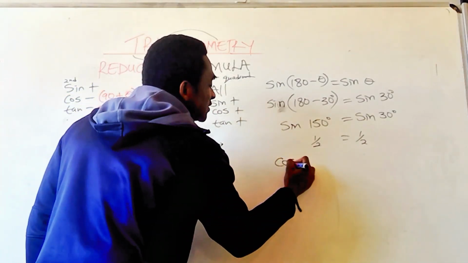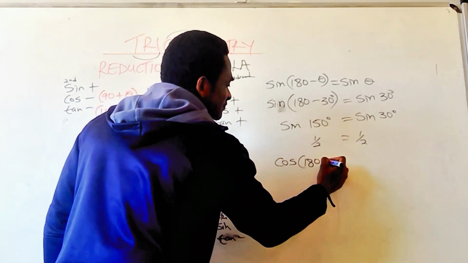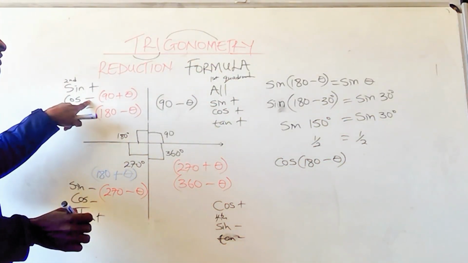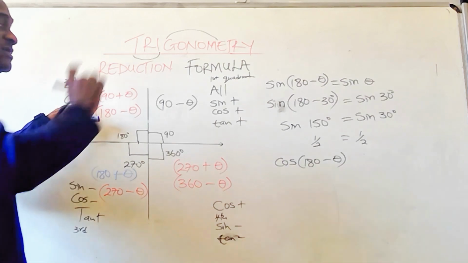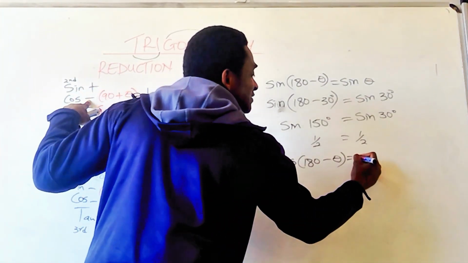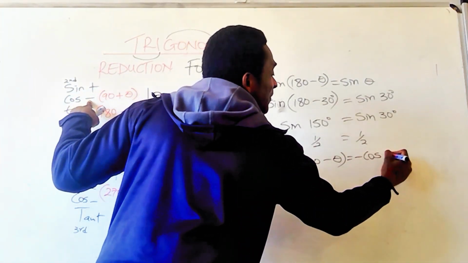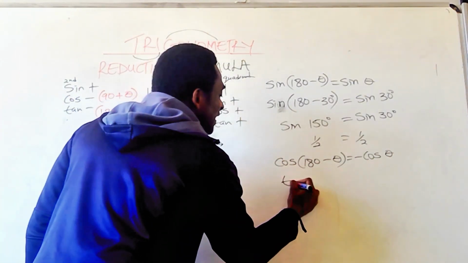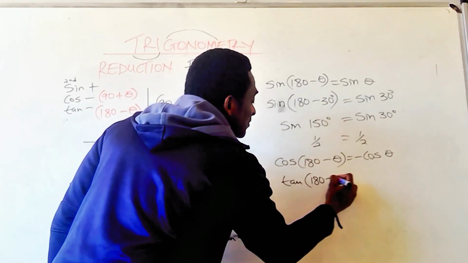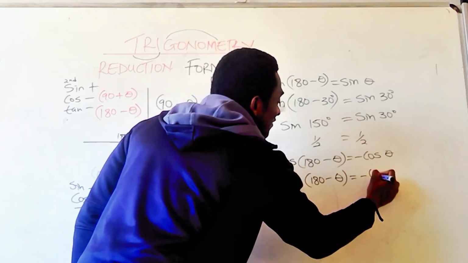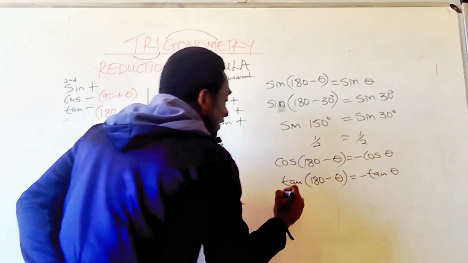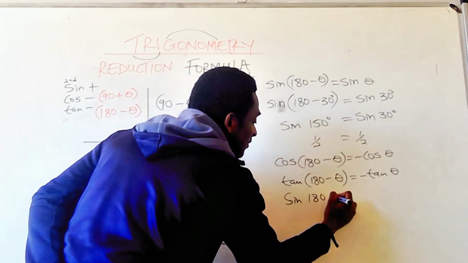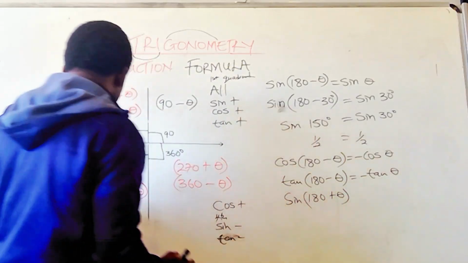Now we have cos of 180 minus theta. 180 minus theta is here, and cos is negative, so we must take that into consideration. It returns its value, it is not a cofunction, but it will have a negative. The same applies to tan of 180 minus theta, which will be negative tan theta. And then we go to sine of 180 plus theta, which will be on the third quadrant.